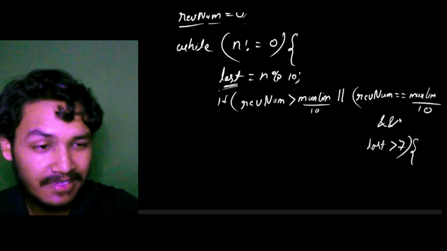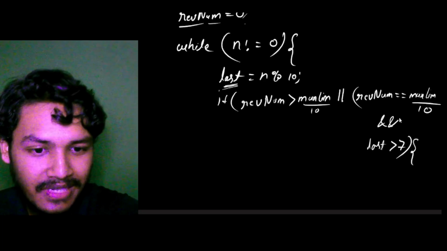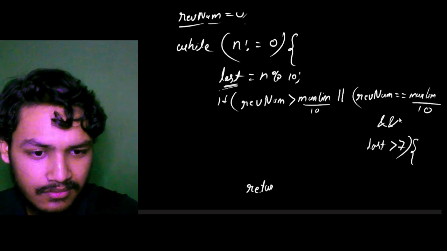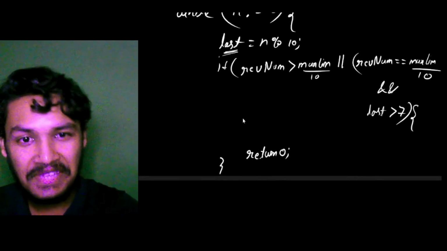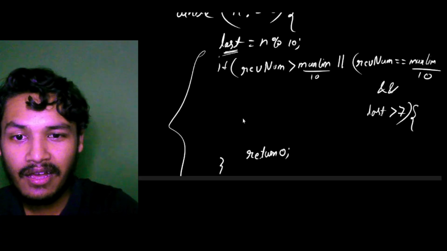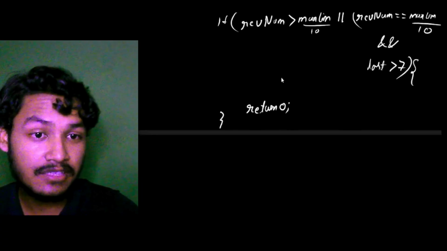If this condition is true, we will return 0. All right, I will explain why I'm saying max limit divided by 10 in a while, but let me write the condition for negative also.